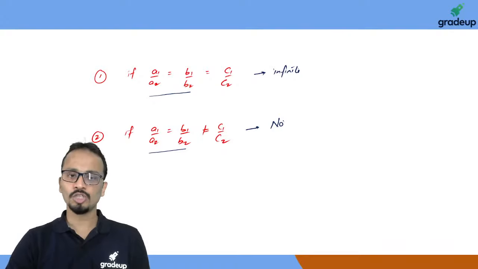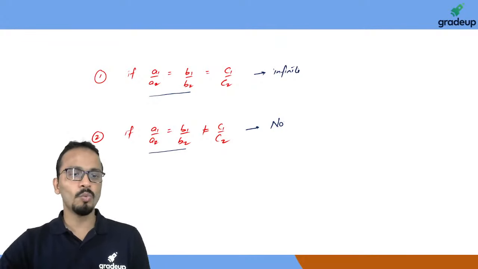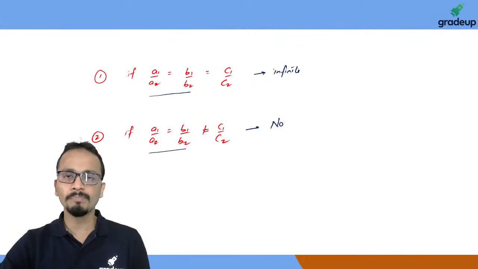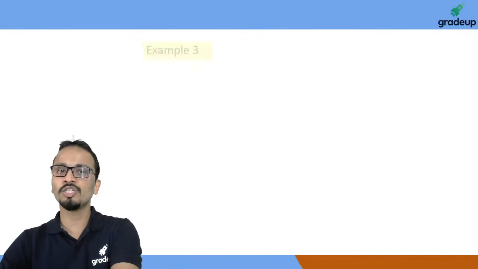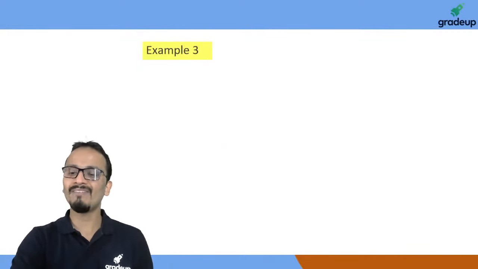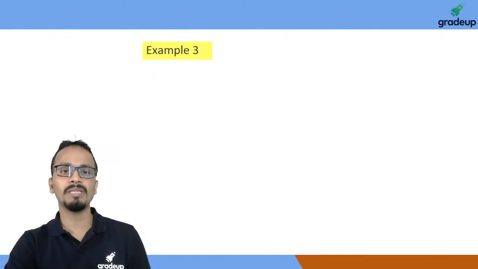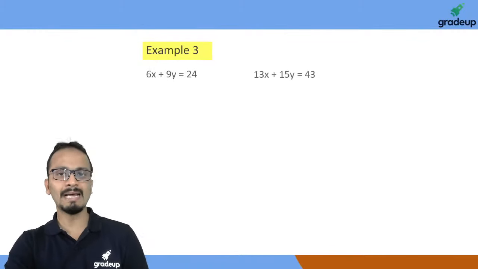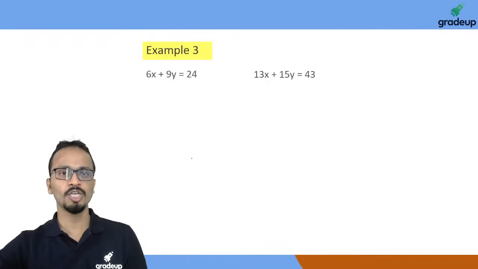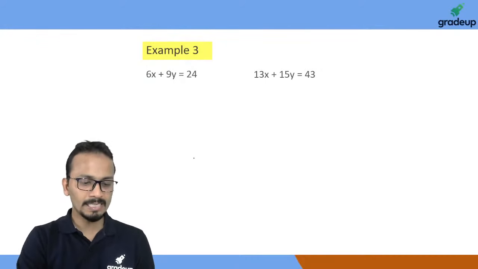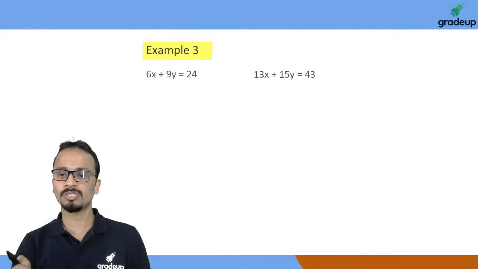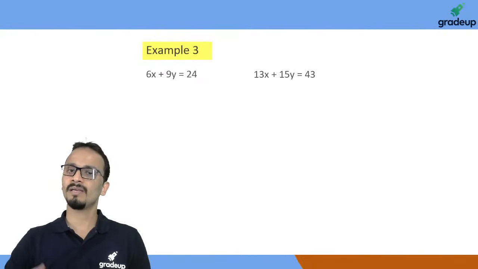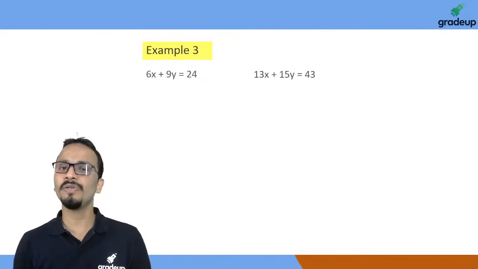All right. So, my dear friends, what should be the condition to obtain a unique solution? Let us have a look at it in example number 3. In this example, I'm taking these two equations. I can say that if the first two ratios are not equal, then we will obtain a unique solution.